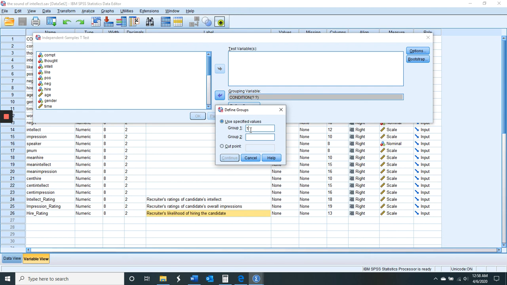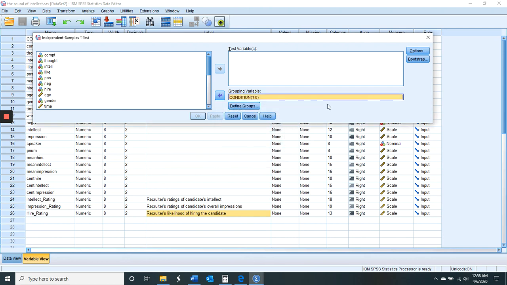So we're going to have 1, the audio, minus the transcript, which is 0. So we're looking for a positive t-test here because we think that the audio condition, 1, is greater than the transcript condition, which is 0 in their coding system.